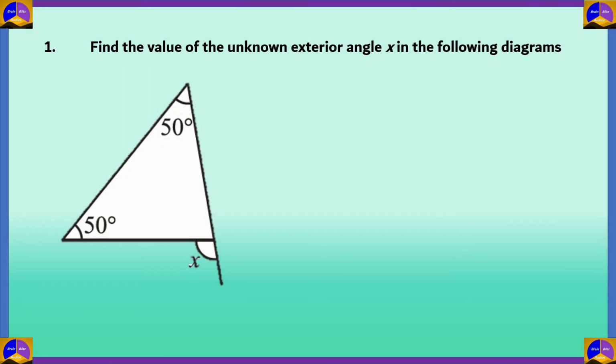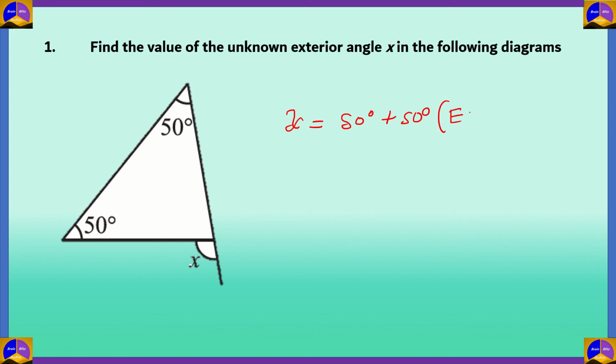Next question. We had to again find the value of x. Now the interior opposite angles are both 50 degrees. So we apply the same formula. x is equal to 50 degrees plus 50 degrees.